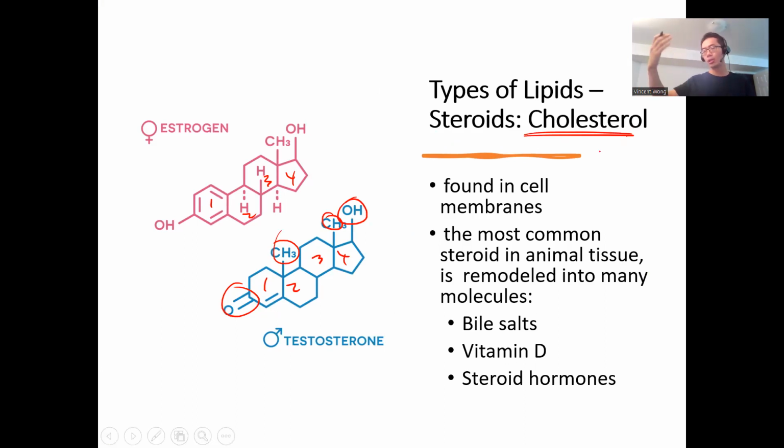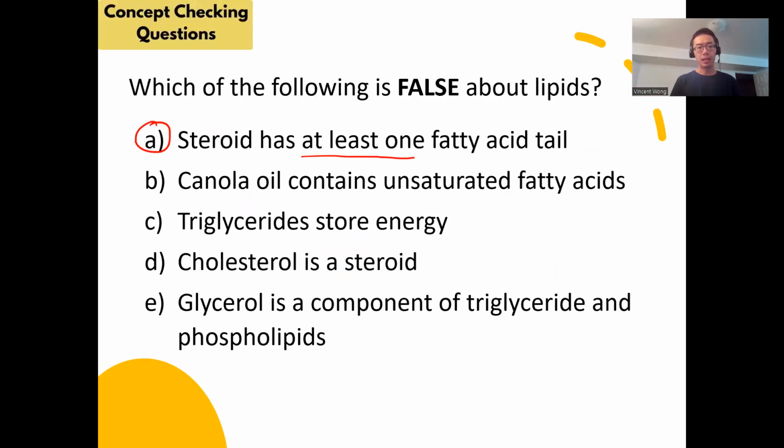Cholesterol is a base steroid that we use as raw material to make other steroids in the body, including hormones. Glycerol is a component of triglyceride and phospholipids. That is correct. Triglyceride is 1 glycerol plus 3 fatty acids. Phospholipid is 1 glycerol plus 2 fatty acids plus 1 phosphate group.